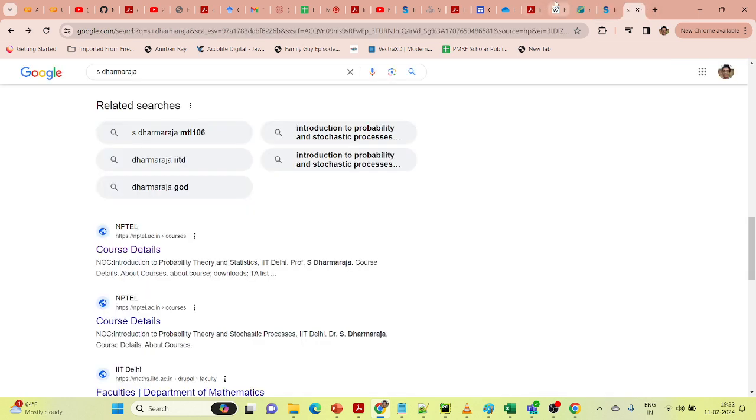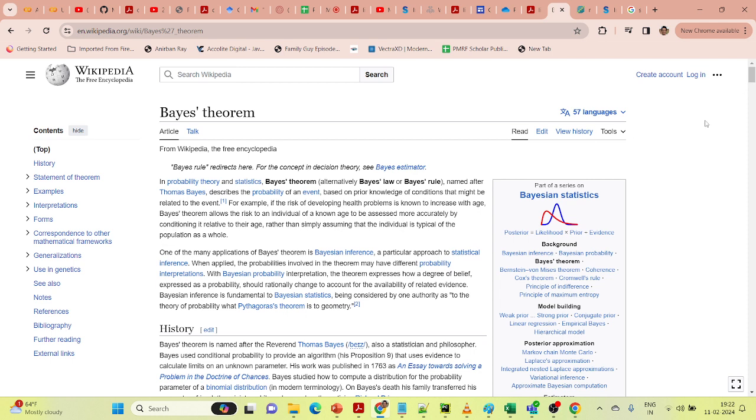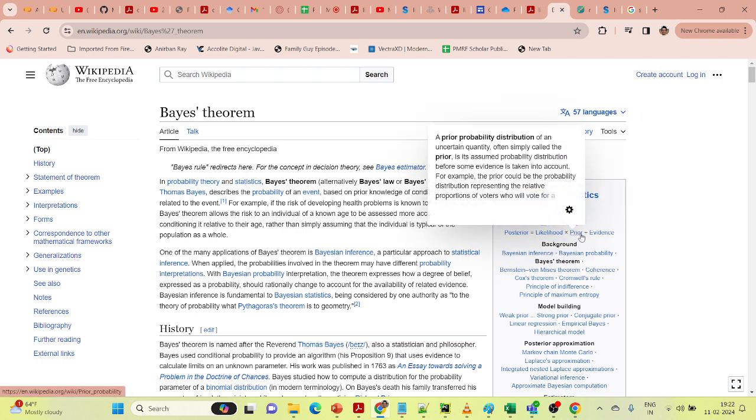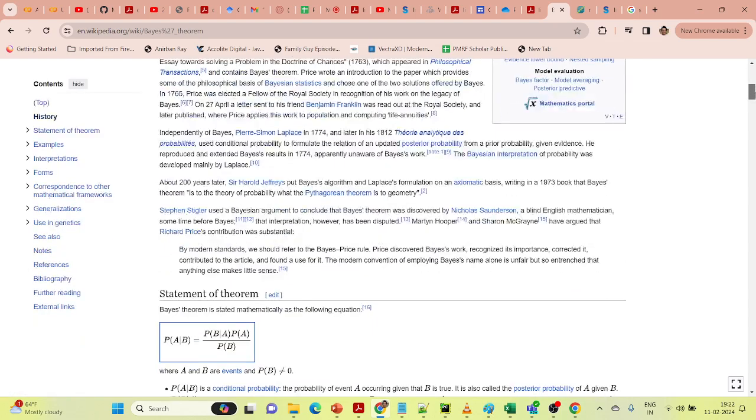Bayes theorem, right? As you can see here, the posterior, the posterior distribution that I'm talking about, is defined as likelihood times prior divided by evidence.